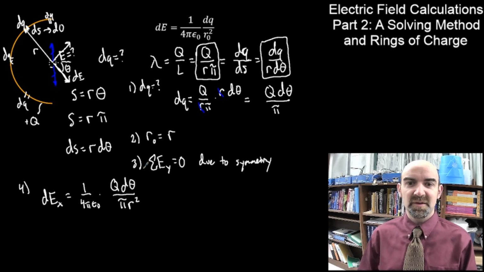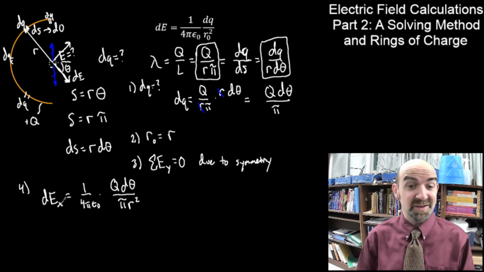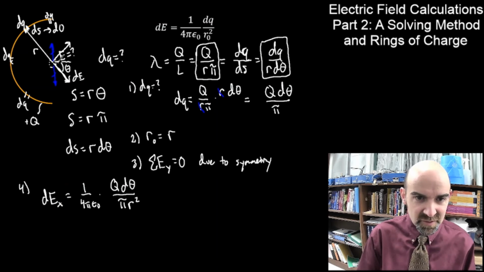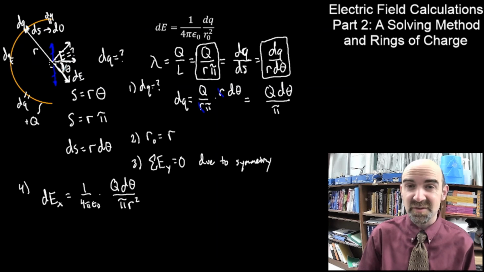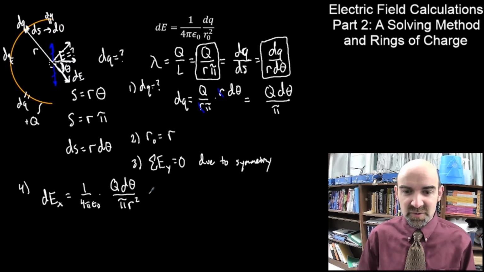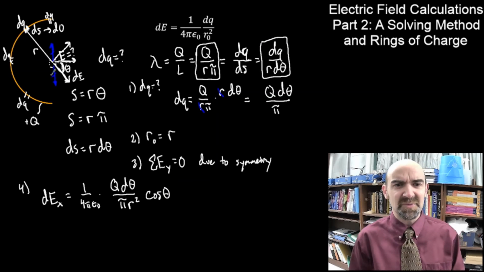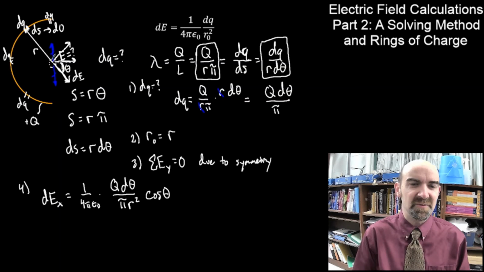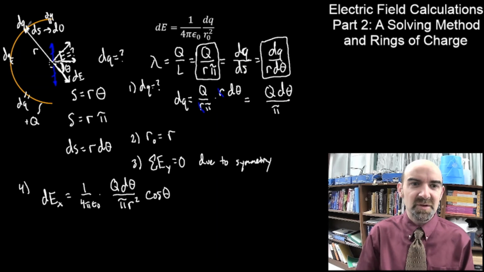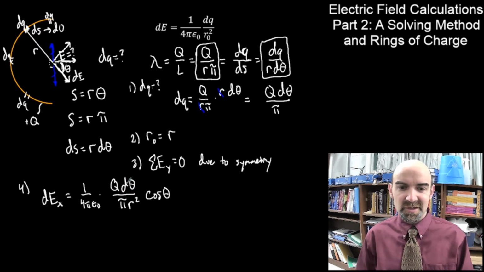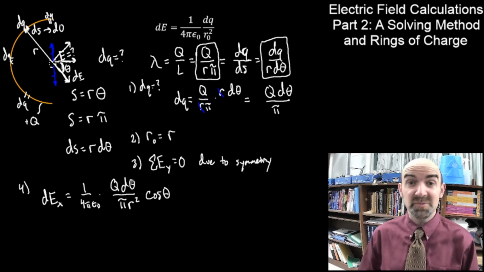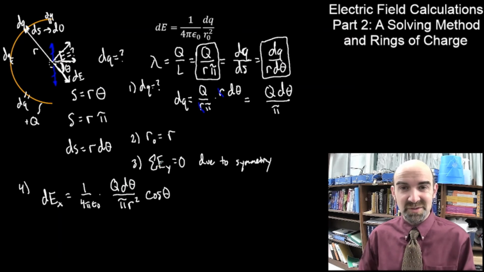Not quite done, because we want the x component, and the x component is adjacent to the theta, so that is cosine of theta. In this case, there's no x and y to figure out a cosine for, because our integral is going to be in terms of theta, so we can leave that.